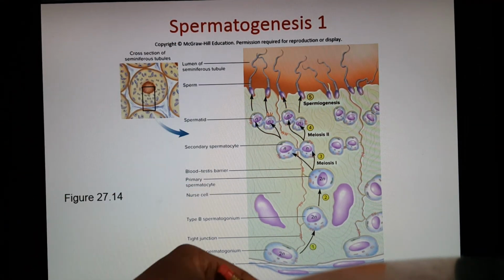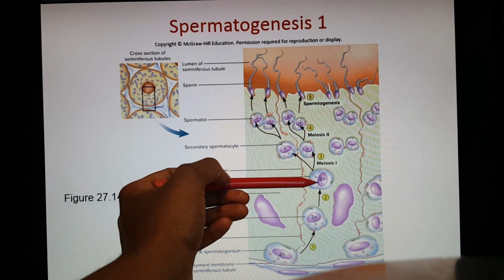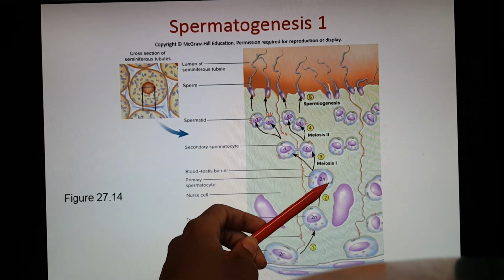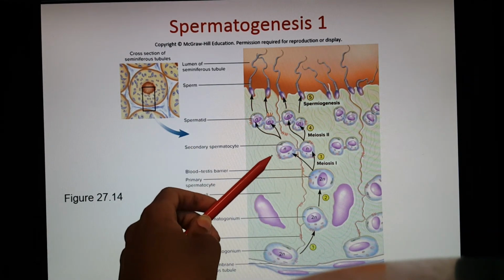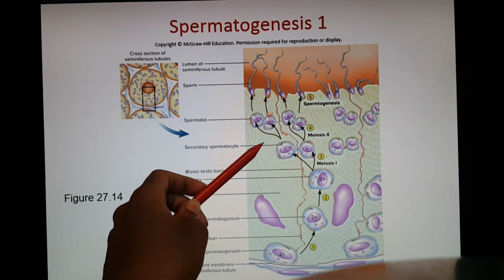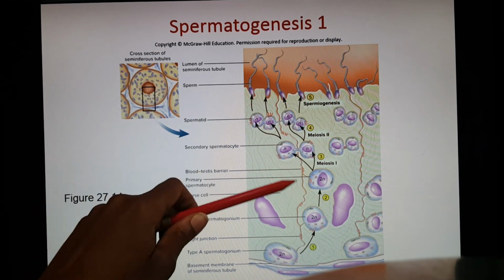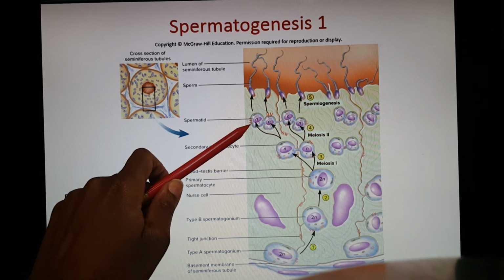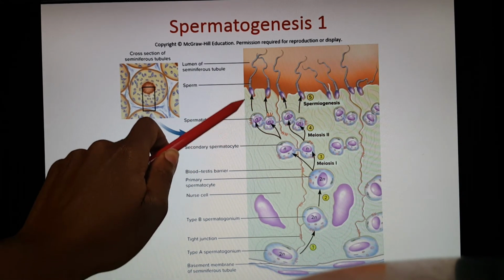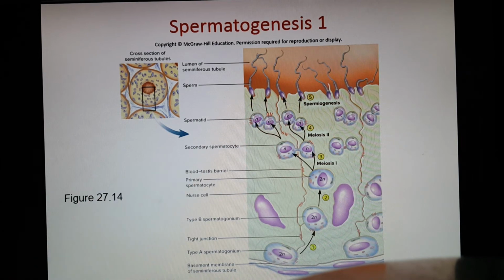But keeping your head straight, DNA is doubled. That double DNA is split into these spermatocytes, which have the same amount of DNA as the original cell. Then that same amount of DNA is split in half into your spermatids, which will eventually mature into sperm.